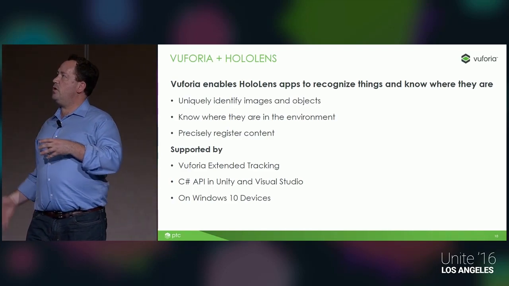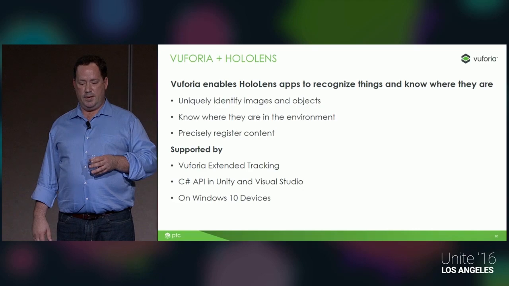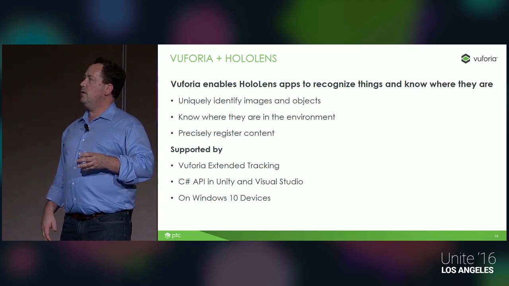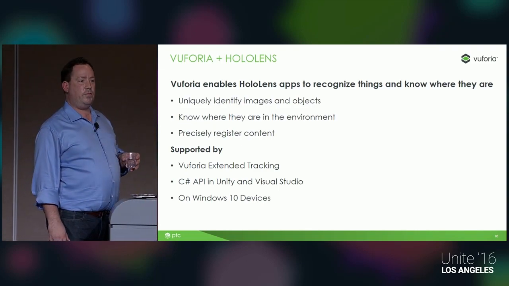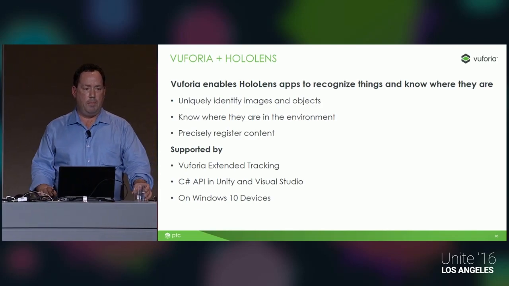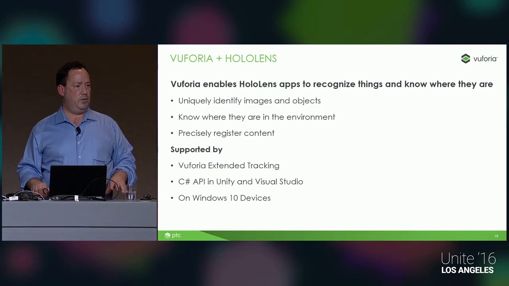So as I mentioned, we have unique identification. We know where things are in the environment, and we can precisely register content. That is supported by what's called Vuforia extended tracking, and I'll give you a little more information about that. Extended tracking, if you remember at the beginning I talked about our support for things like meshes, right?